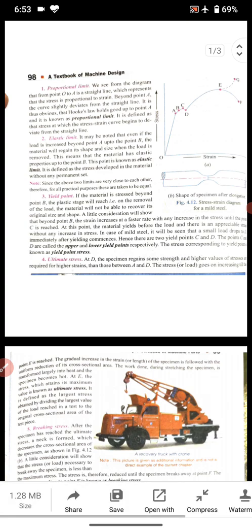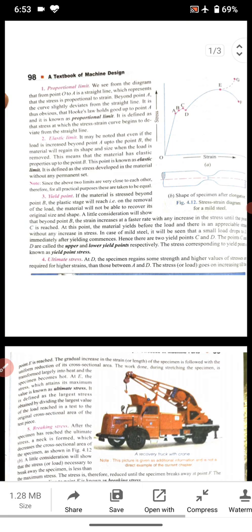And up to point A, it follows Hooke's law, and Hooke stated that the stress will be proportional to strain, and if you remove the proportional limit, you may get the Young's modulus. We will discuss later, not yet. So it is defined as the stress at which the stress strain curve begins to deviate from the straight line.